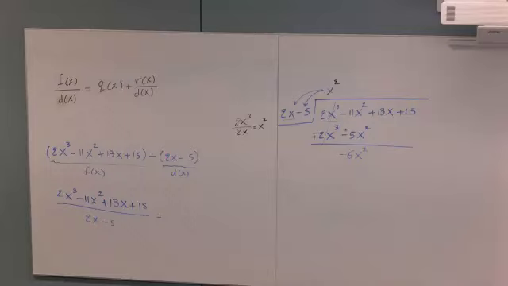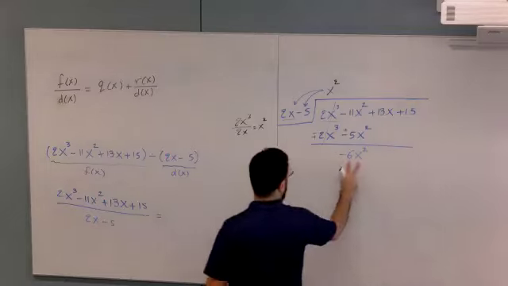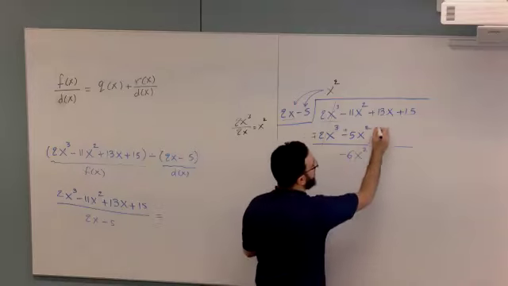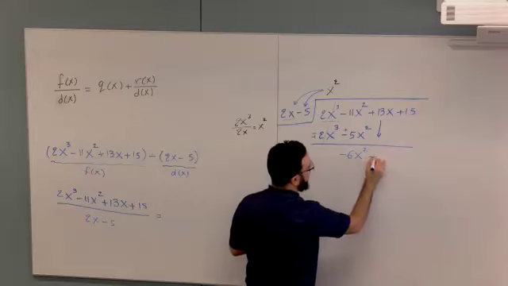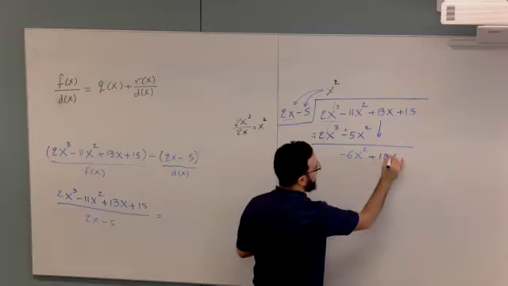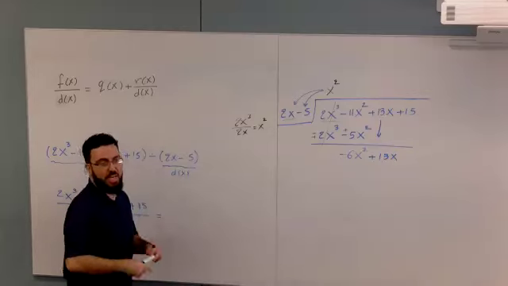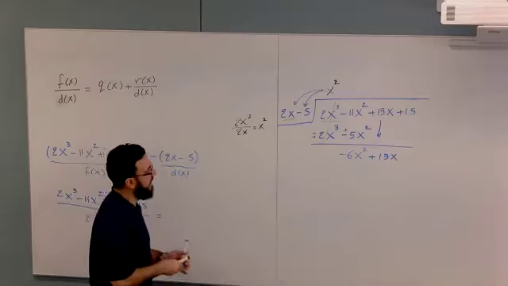Well, that's good. But we're not going to start from here. We're going to bring down the new term here, so plus 13x. Okay? And we're going to do the process again.